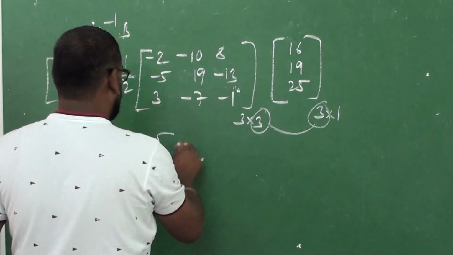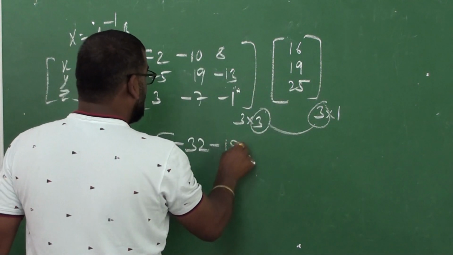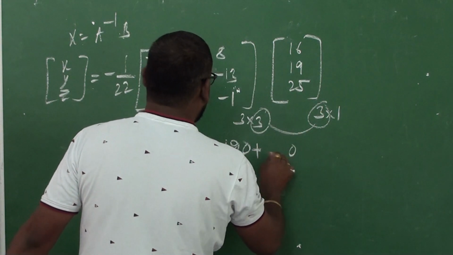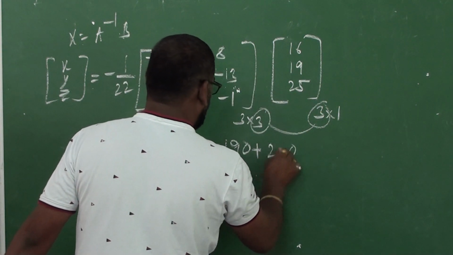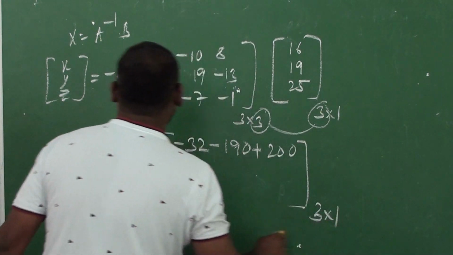Now multiply: minus 32 minus 190 plus 8 5 is 40, 8 2 the 16, 200. This is 3 by 1.